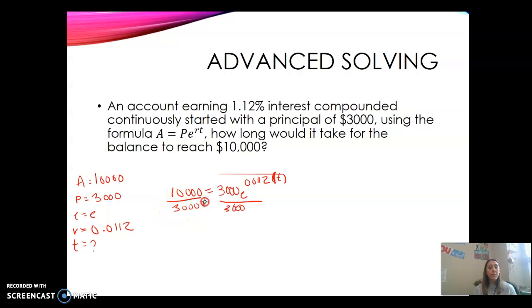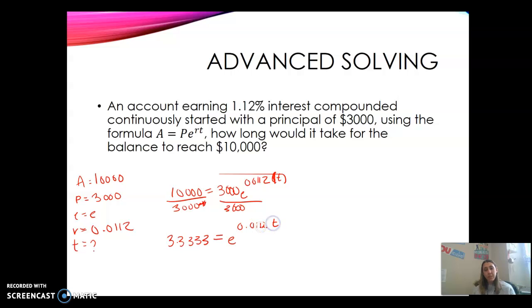So then you do 10,000 divided by 3, which is 3.3333. I'm just going to go to the 4th decimal place since that's what we have been doing in class. So e to the 0.0112 times t.